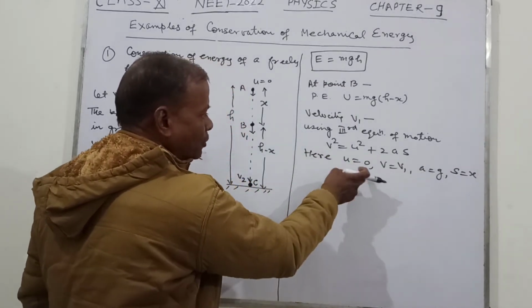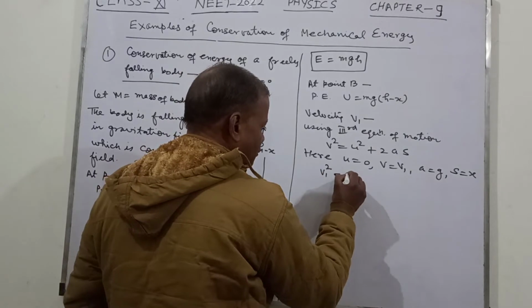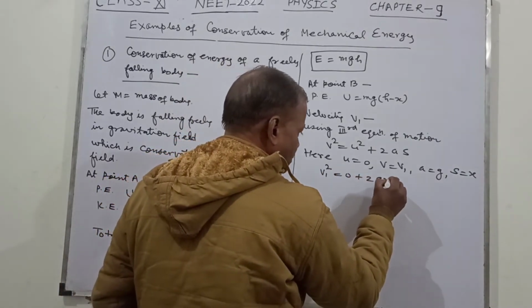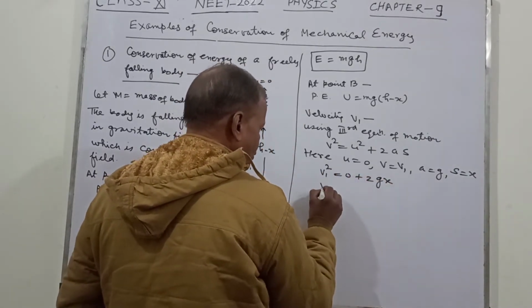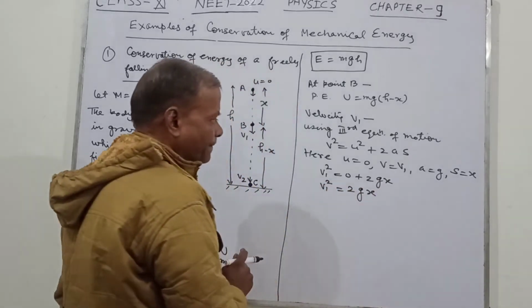So now I put all these values in this equation, and we will get v square equal to 0 plus 2gx. So this v1 square equal to 2gx.